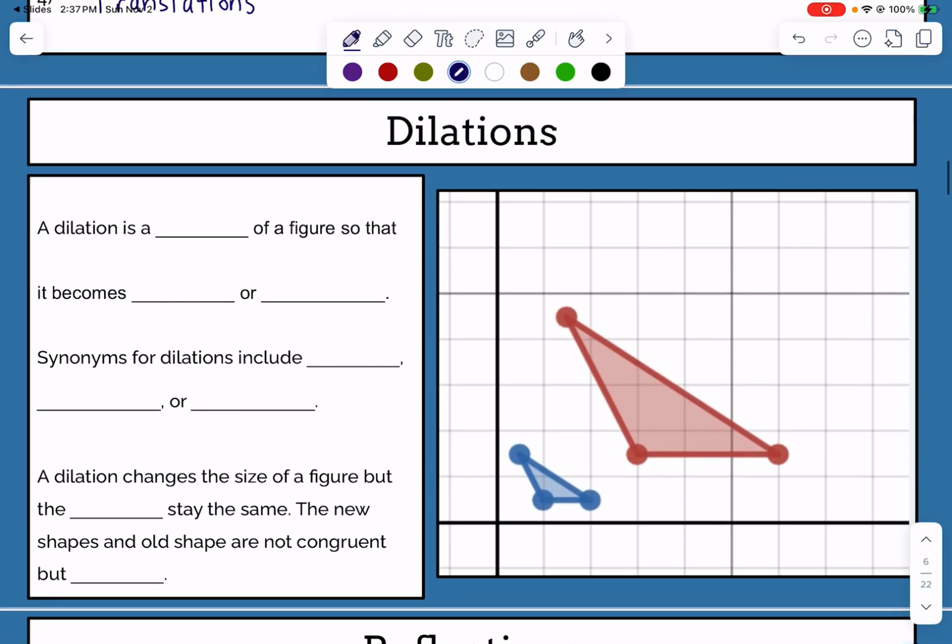All right, so a dilation is a resizing of a figure so that it becomes bigger or smaller.